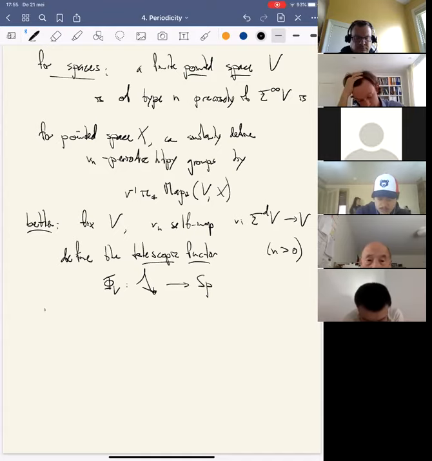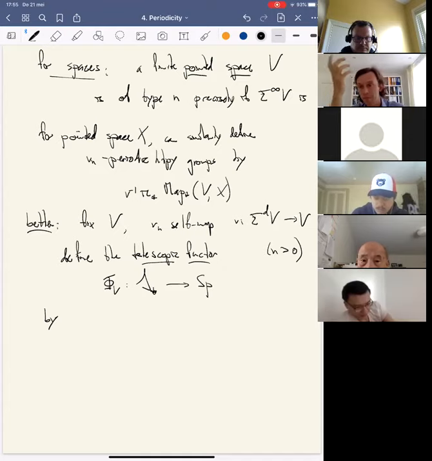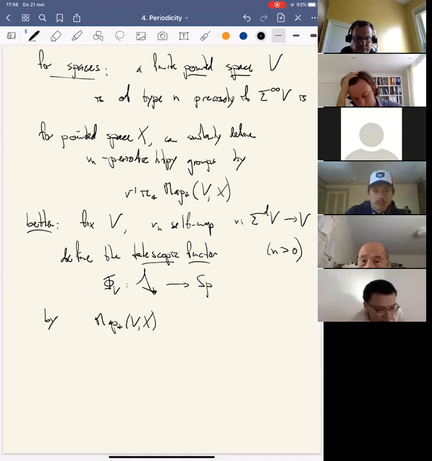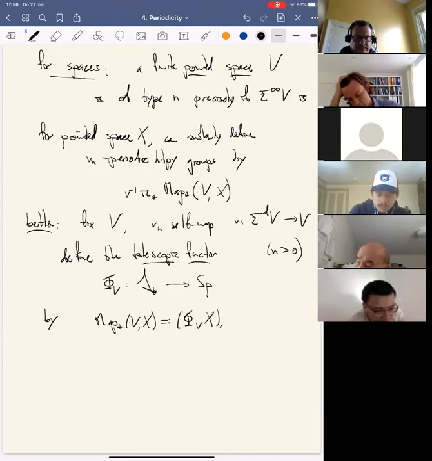And I'm going to define it by explicitly describing the constituent spaces of this spectrum, thinking of it as a pre-spectrum or whatever. So, start at the bottom. I take the space of pointed maps from V to X, and I define that to be the 0th space of this spectrum.